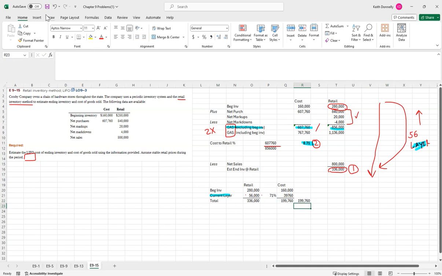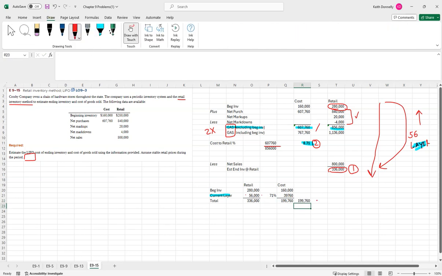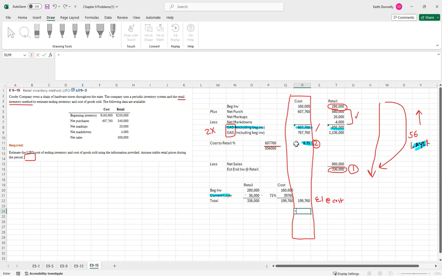What that then does is that 199,760 essentially ends up being our estimated ending inventory at cost. It now becomes part of this column right here. If our goods available for sale in this case are going to be 767, we back out the 199.